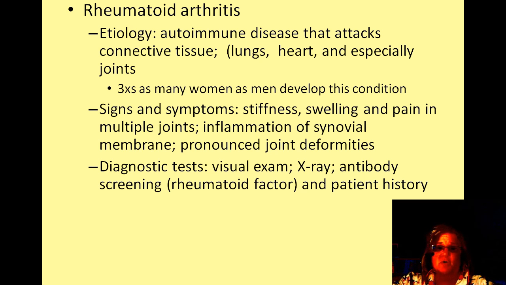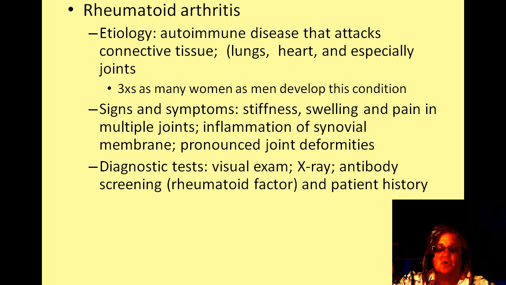My father-in-law never knew his dad ever standing, and in huge amounts of pain, lots of pain. So there's stiffness, there's swelling, lots and lots of pain, and it can affect multiple joints, and then pronounced joint deformities. Some of you may have grandparents or great-grandparents that have rheumatoid arthritis.